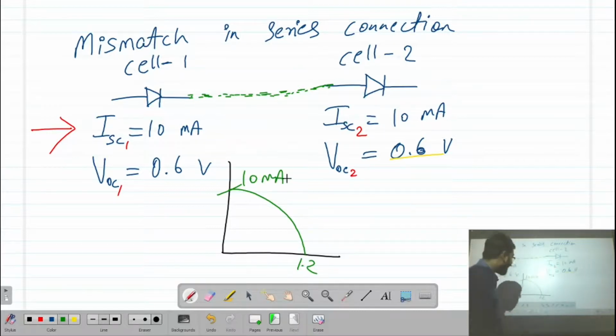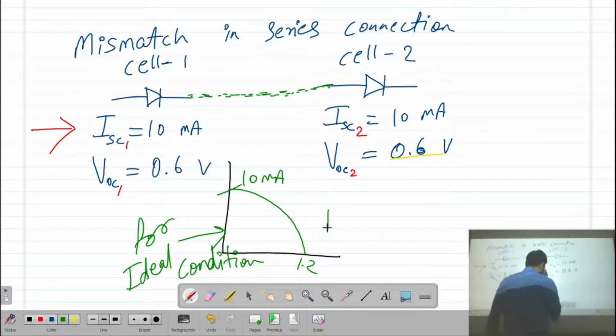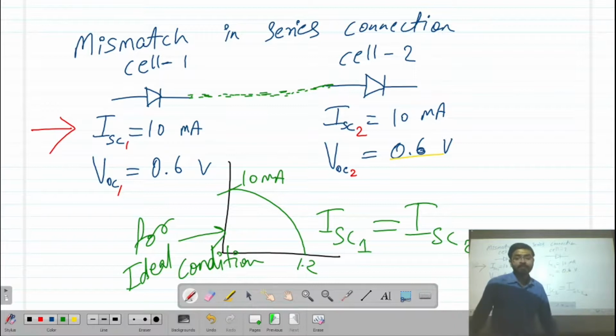This is for the ideal condition, where ISC1 will be equal to ISC2.